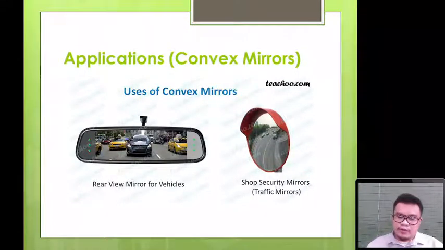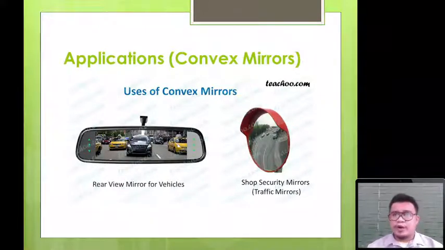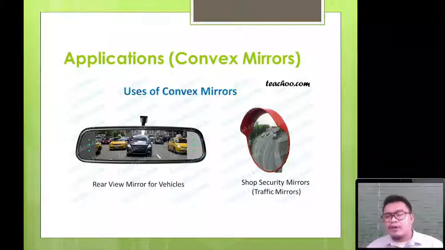So in the case of convenience stores, convex mirrors are really very essential in terms of security, because when you look at yourself in front of a convex mirror, you will always appear smaller, so the scope of the image is eventually very wide. Okay, so that's why convex mirrors are typically applied in this scenario.